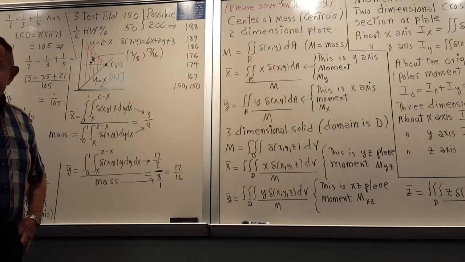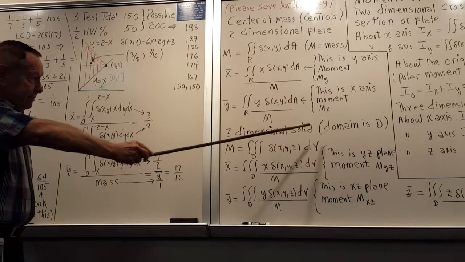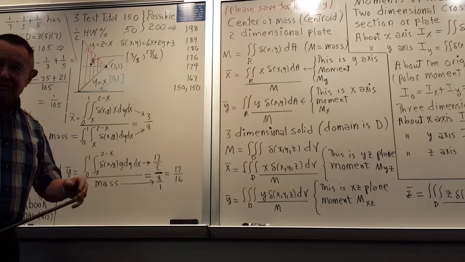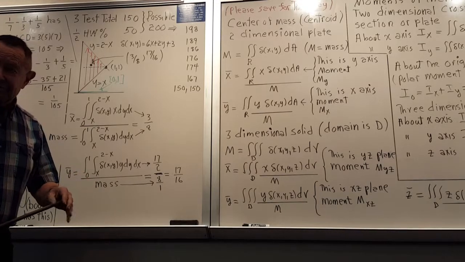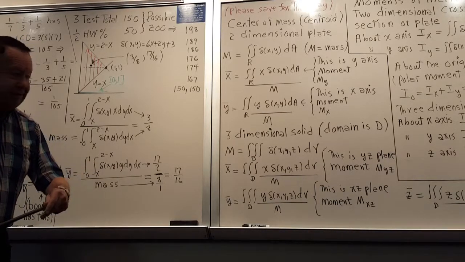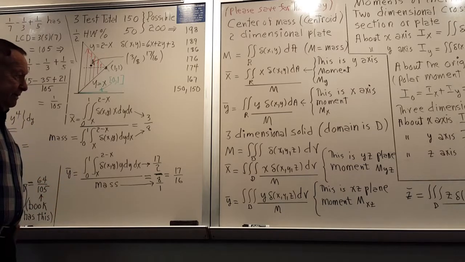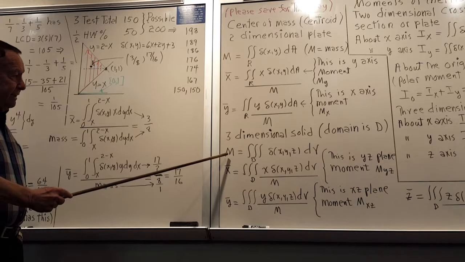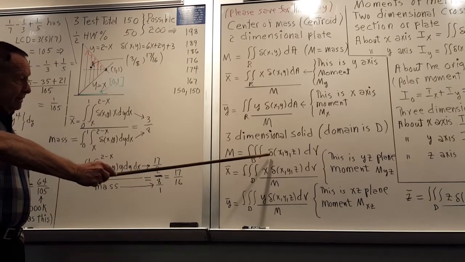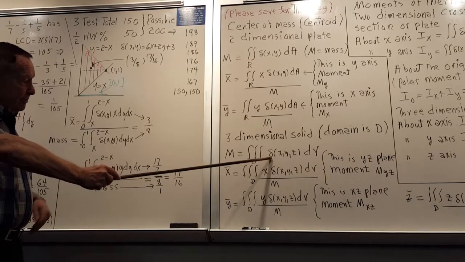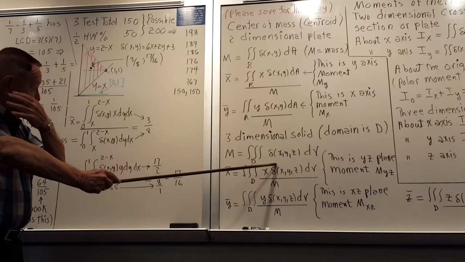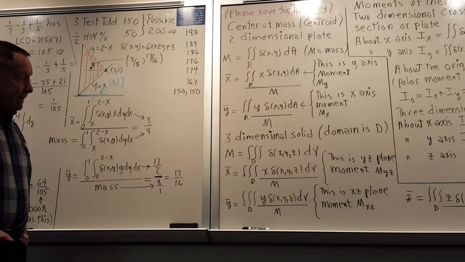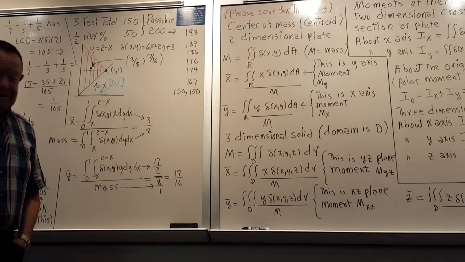If you had a three-dimensional solid, so I'm using the letter D for the region throughout which you'd be integrating, the domain, then the mass would be what you compute, allowing for a density which might vary with all three variables, and that would be a triple integral.